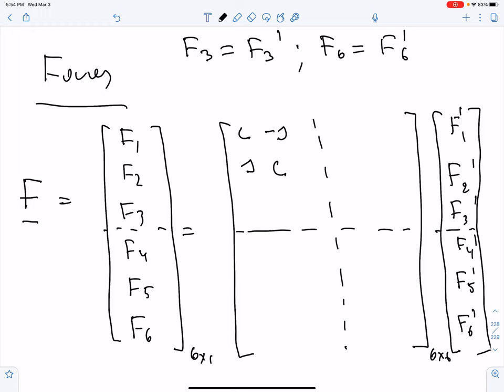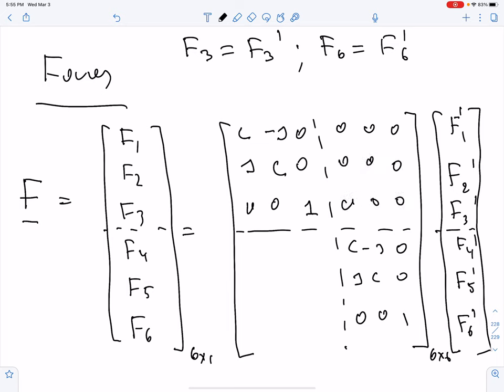In that case, I put a 1 here and populate the rest of the matrix with zeros. I repeat: minus sine, 0, sine, cosine, 0, 0, 0, 1. And quantities from the two nodes are unrelated, so the off-diagonal blocks are 0.